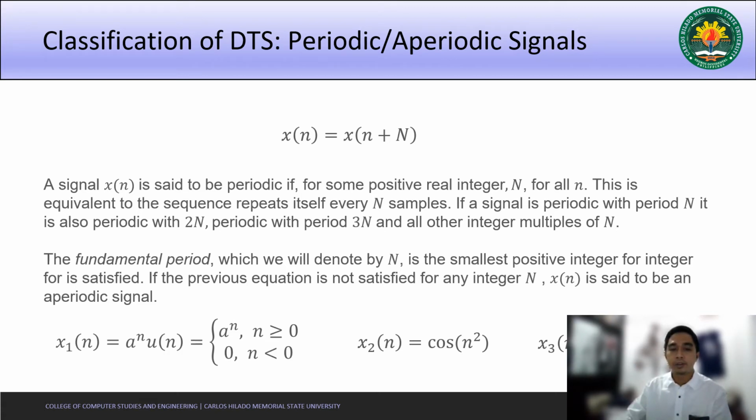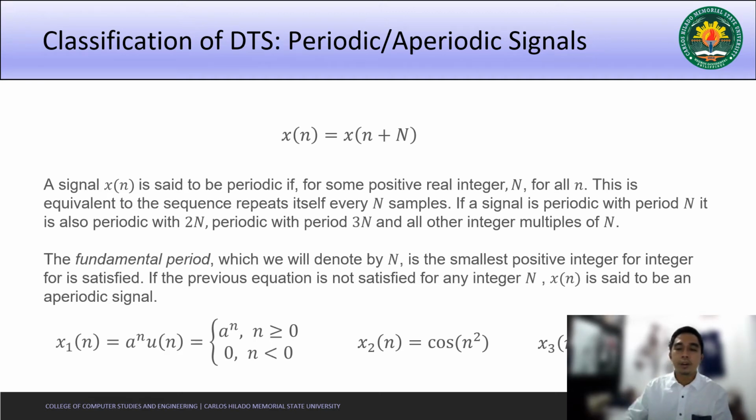This is equivalent to the sequence repeating itself every N samples. If a signal is periodic with period N, it is also periodic with 2N, 3N, and all other integer multiples of N. This is what we call the fundamental period, denoted by the big letter N.